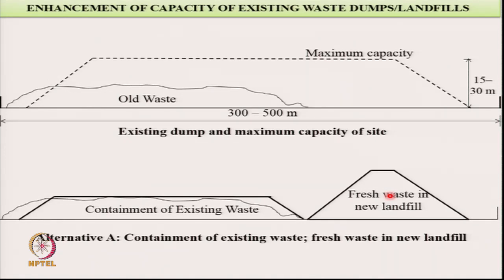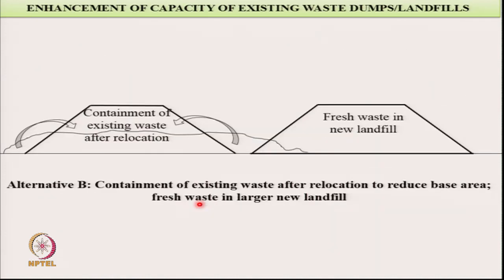This is one technique which can be used, but only to be used if this waste height has become very high. The other alternative is, okay, I'll pick up this waste from the low height area and I'll put it on top. Okay? So what will happen? More space will get released for the new landfill.